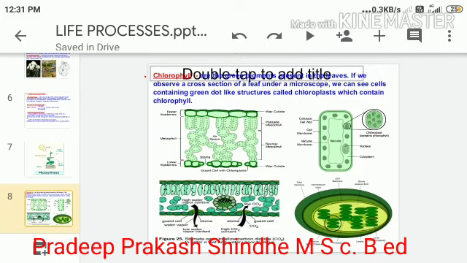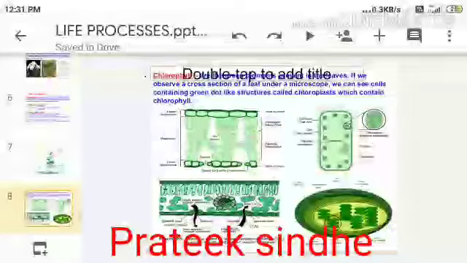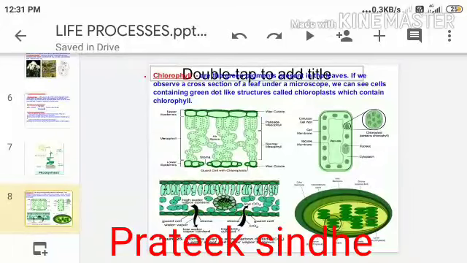The first diagram shows the cross section of the leaf having different layers of cells. The first layer, present at the topmost layer of the leaf, is called the cuticle. Cuticle is the outermost covering of the leaves.